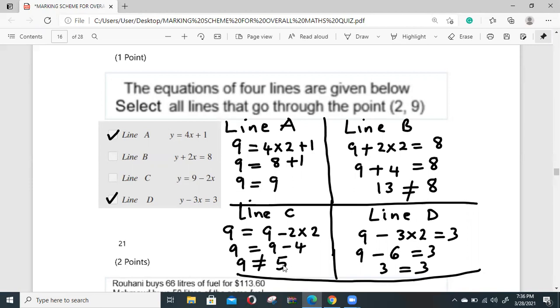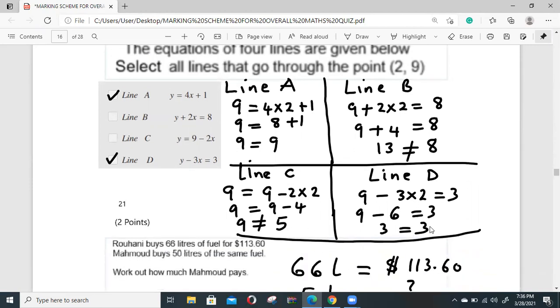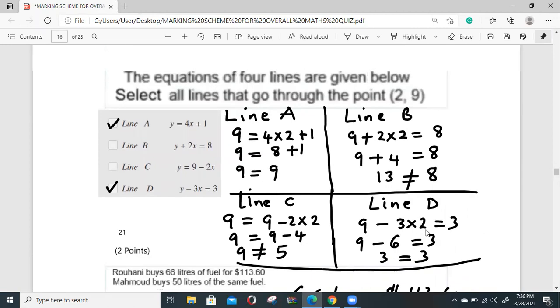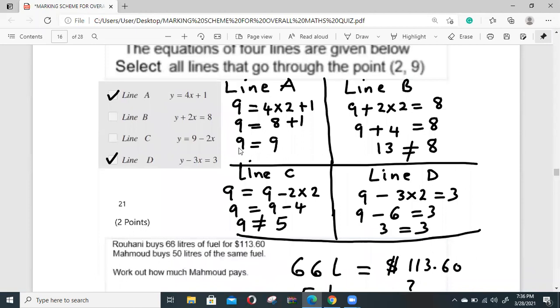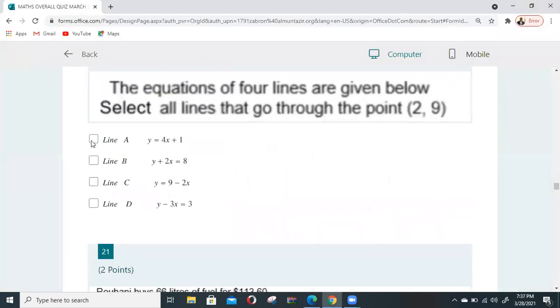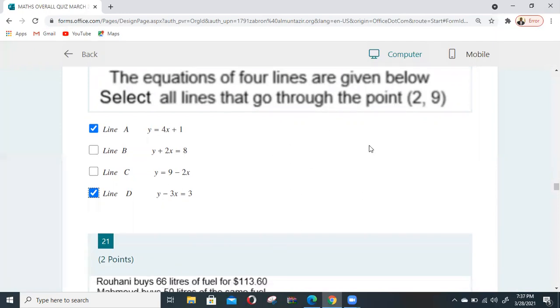You see, 9 is not equal to 5, 3 is equal to 3. So find that line A and line D have the same numbers. So you're gonna tick line A and line D, okay? So line A, tick that, and line D, tick that, okay?